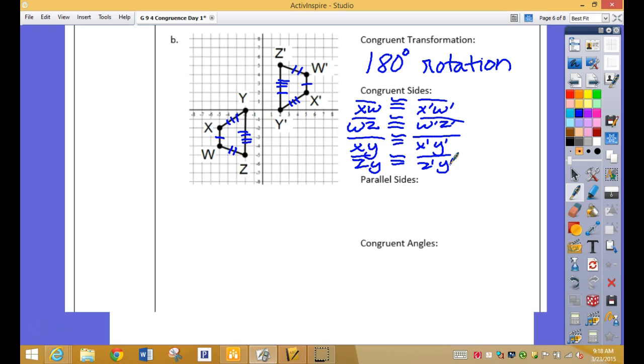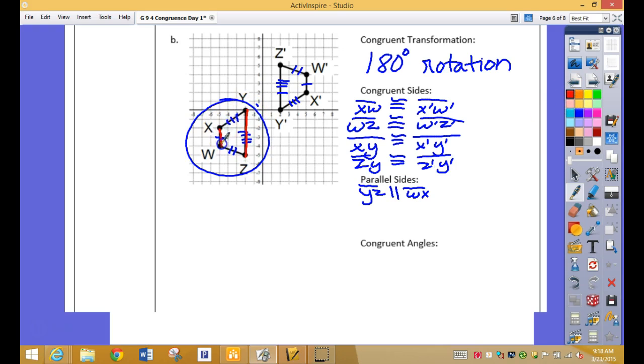Are there parallel sides on that figure? What are they? Side YZ is parallel to side WX. Right?